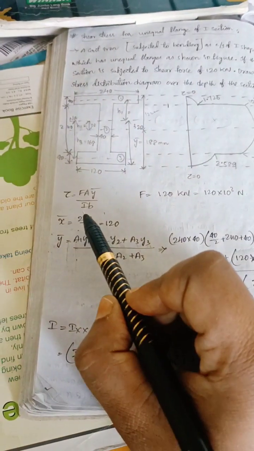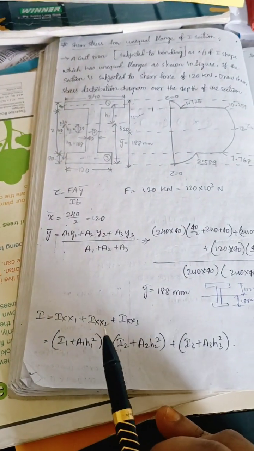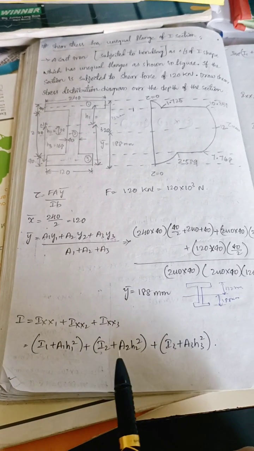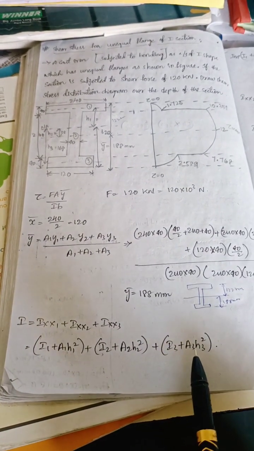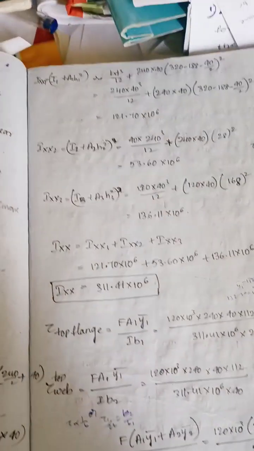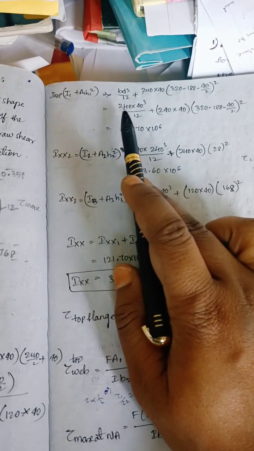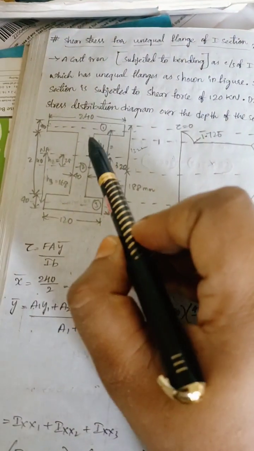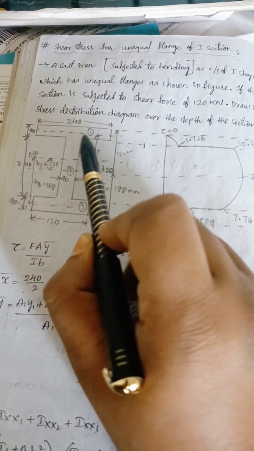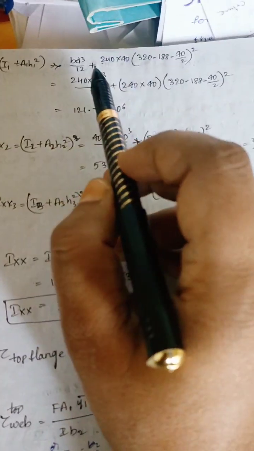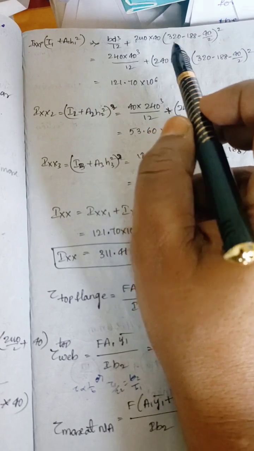Next, I. So I equal to Ixx1 plus Ixx2 plus Ixx3. The formula is this one: I1 plus a1 h1 square, I2 plus a2 h2 square, plus I3 plus a3 h3 square. First, I1 plus a1 h1 square. For the first section, Ixx1, as it is a rectangle, bd cube by 12 plus its area into h1 square. Its area is 240 into 40.